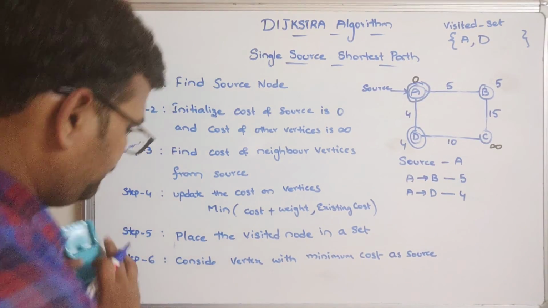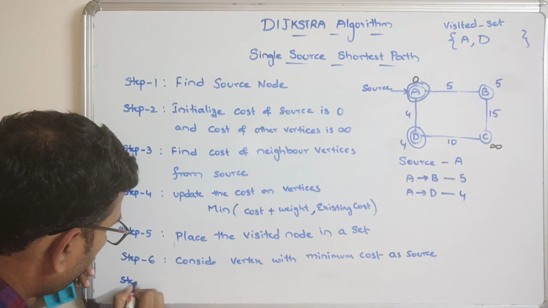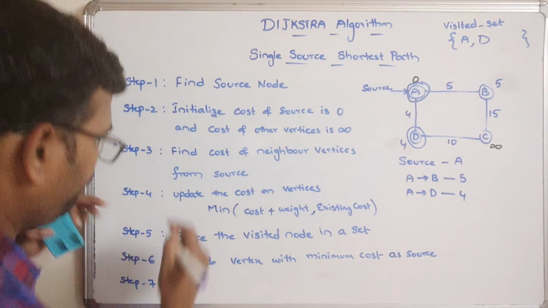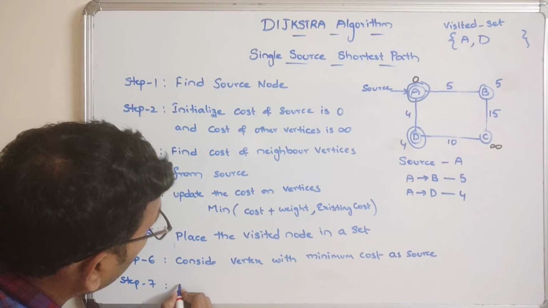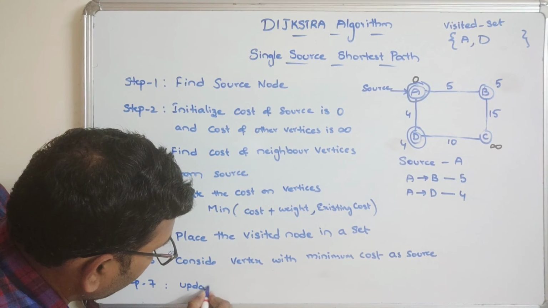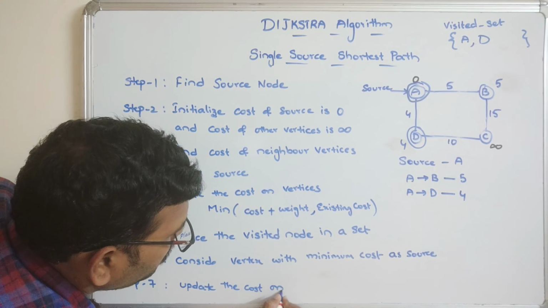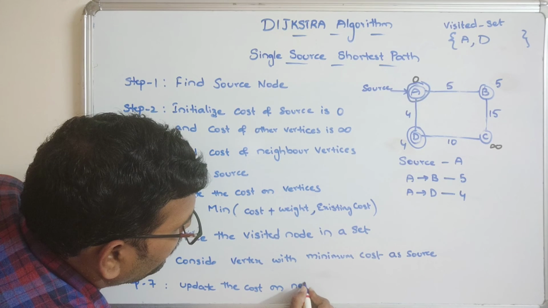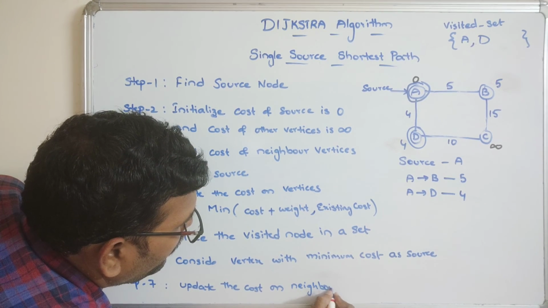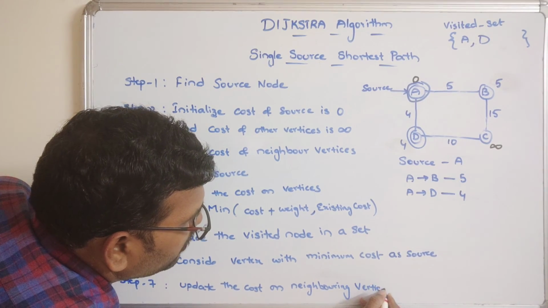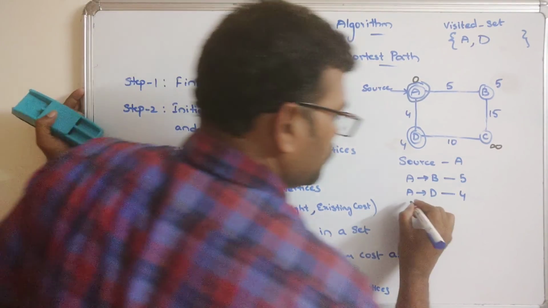Then step 7, update the cost on neighboring vertices. What are the neighbors? This has been completed.